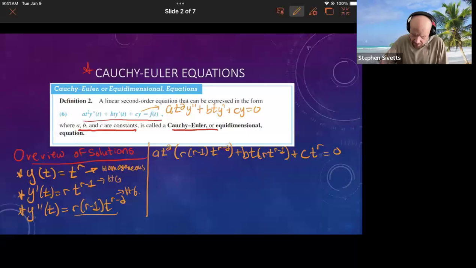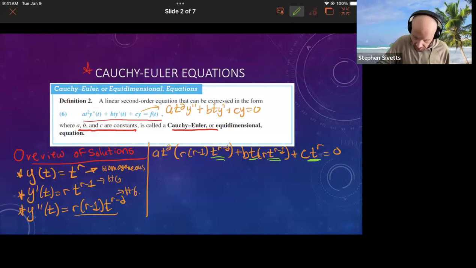Now, if you notice, things simplify a little bit. The t squared cancels with the t to the r minus 2 power, and the t to the r minus 1 cancels with one factor of t, leaving t to the r for the last term.